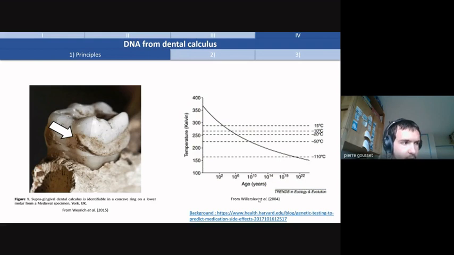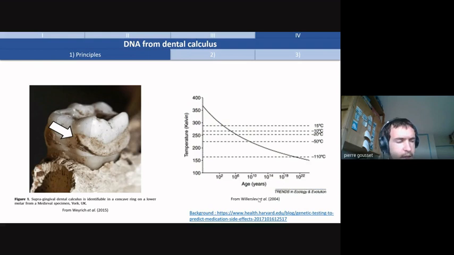Moreover, dental calculus is extraordinarily rich in DNA fragments, as it can contain up to 1,000 times more fragments than the bones from the same individual. All these attributes make this method a powerful tool that shows various applications. Thanks to both microbial DNA and DNA from the organisms ingested by the individual, it is possible to know about hominin diets.